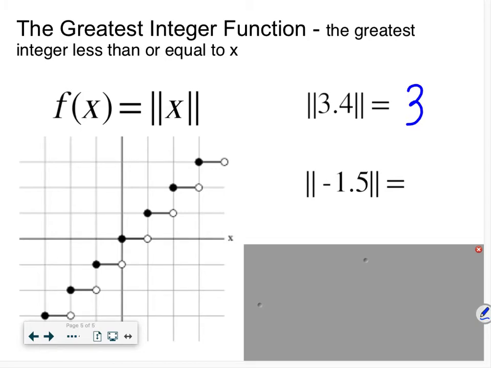Negative 1.5. Talk to your neighbor about it.